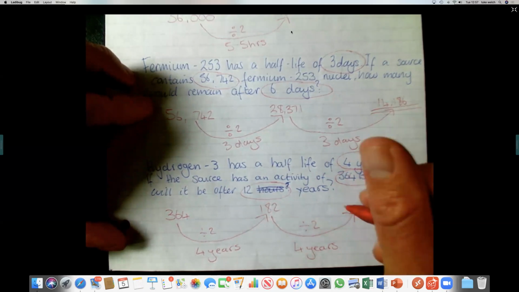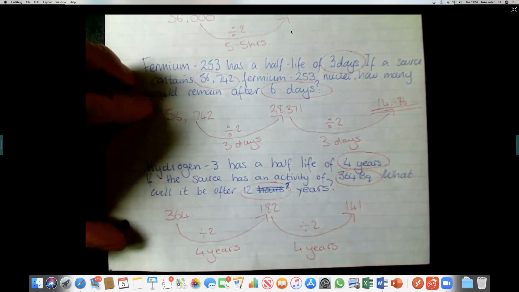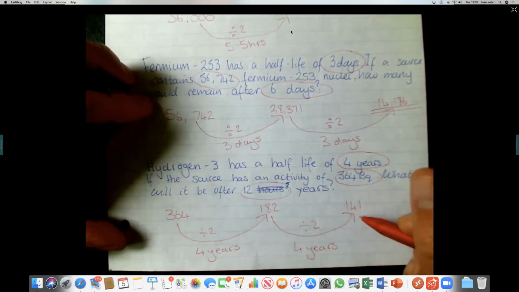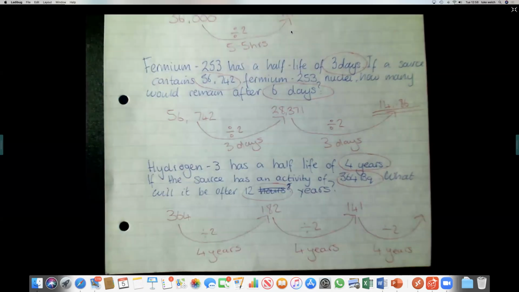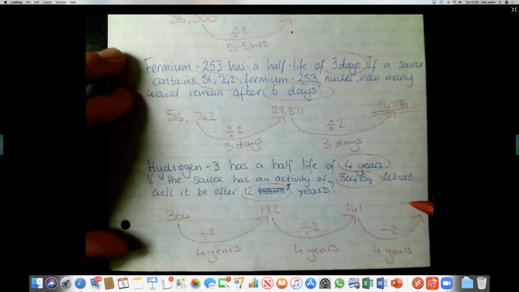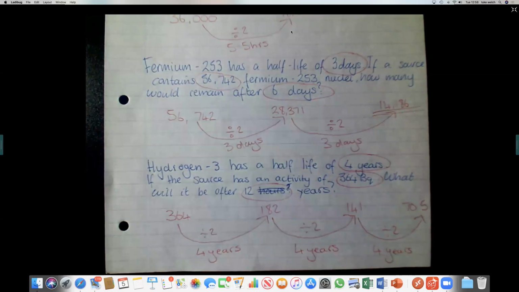It's going to be 141. And then I'm going to have to halve it again. So another 4 years goes by, divide it by 2, half 141, which is going to be 70.5. And there we go. That would be the amount left after 12 years, because the half-life is 4 years, so I'm going to have to half it 3 times.